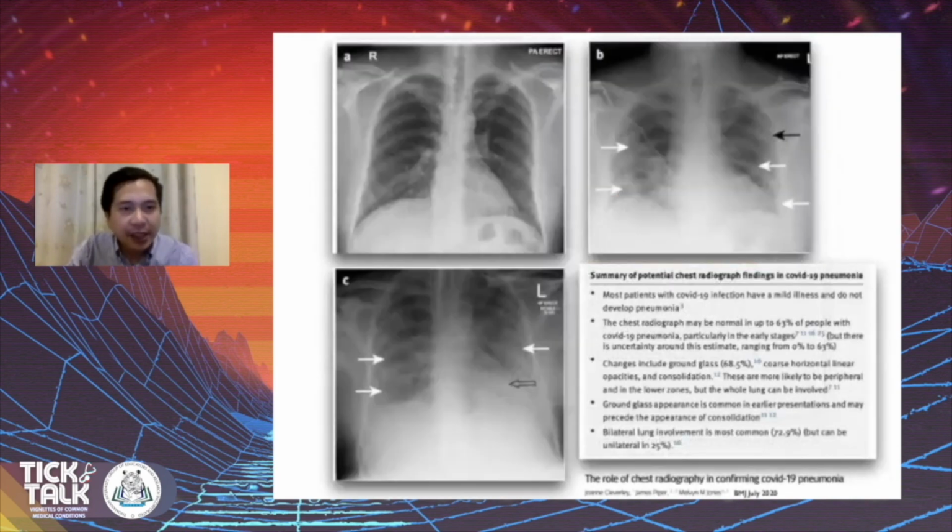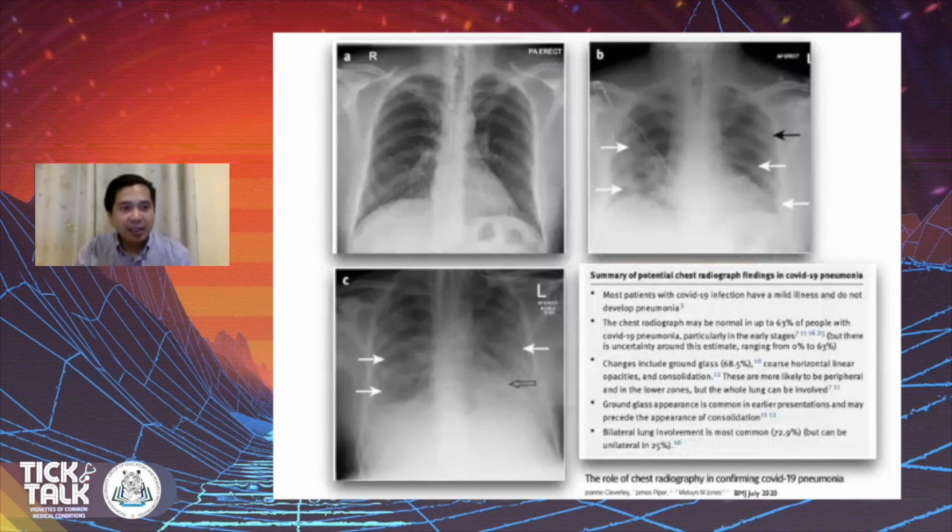Okay, just a small summary of the potential chest radiograph findings in COVID-19 pneumonia. Most patients with COVID-19 infection have mild illness and do not develop pneumonia. The chest X-ray may be normal in up to 63% of people with COVID-19 pneumonia, particularly in the early stages.